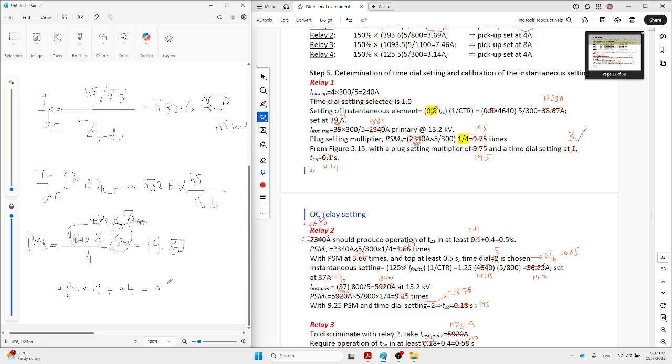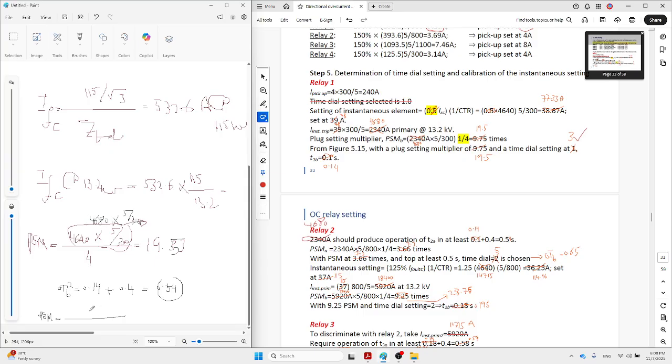So it's 0.54, correct. Then by this value, by the fault current at relay number 1, we should calculate the PSM for the breaker number 2, or for relay number 2.